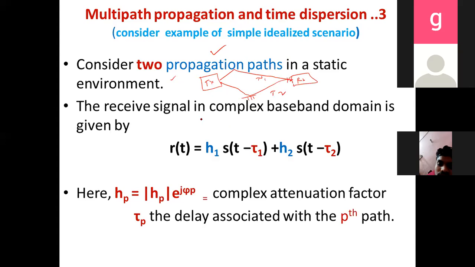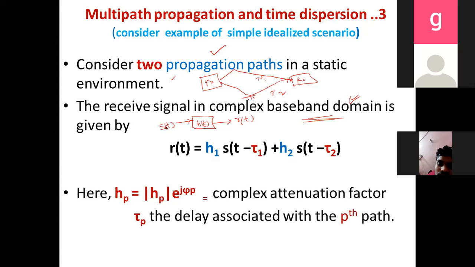So the received signal in complex baseband domain, I am not multiplying it with e power minus j omega t. Only the original symbols are taken here. As I said, in any channel communication, if I know the channel impulse response, I can calculate my output r(t) for any given input.